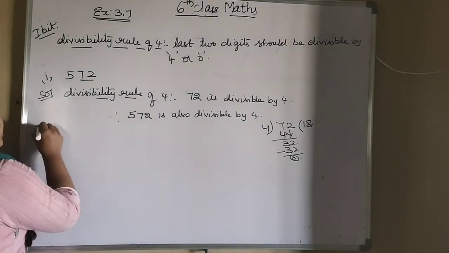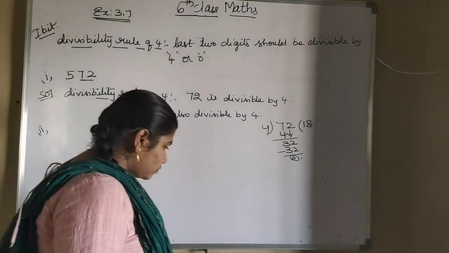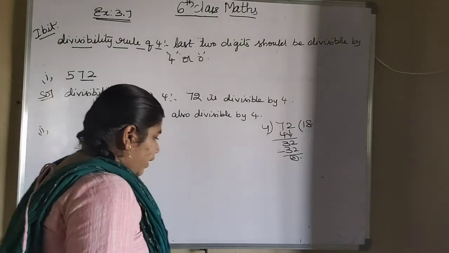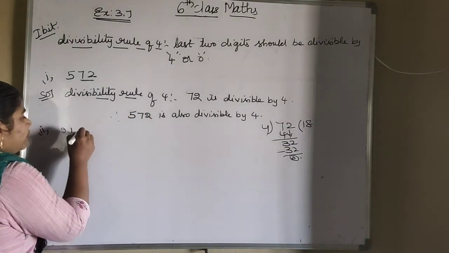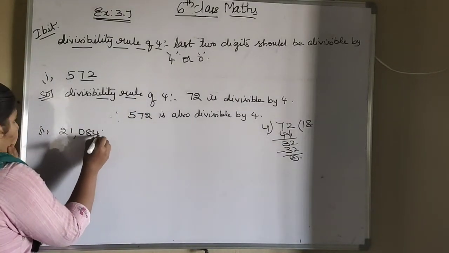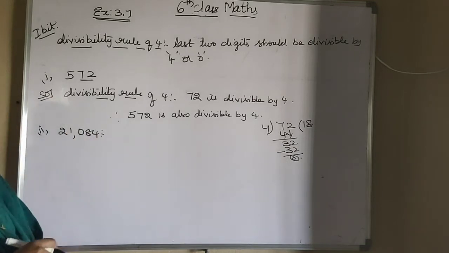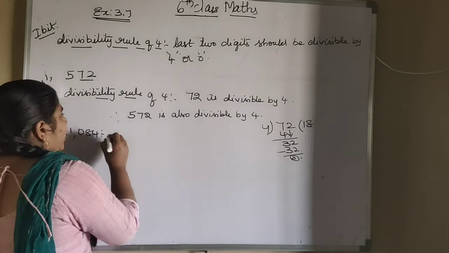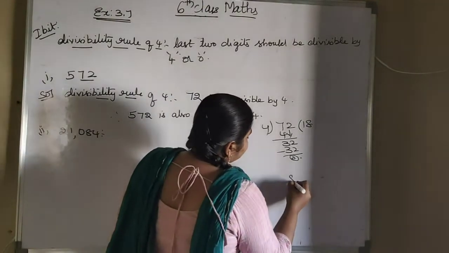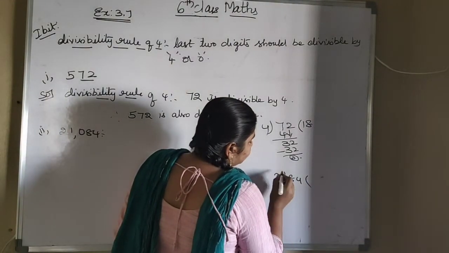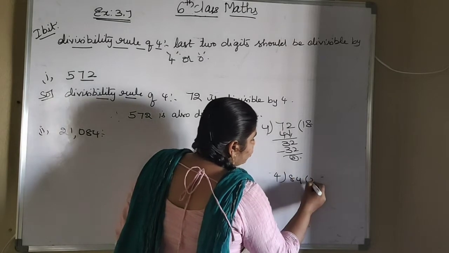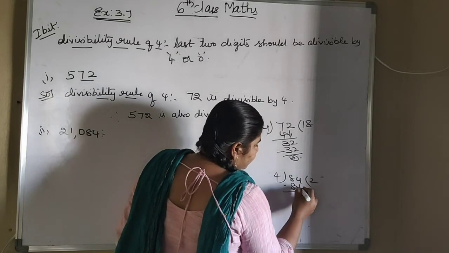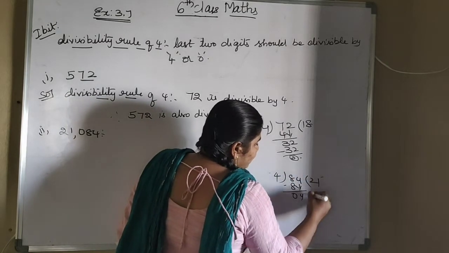Okay, next, in this second one, 21,084. If this 84 is divisible by 4, the whole number will also be divisible by 4. So is 84 divisible or not? Yes, it will be divisible. 4 twos are 8, 4 ones are 4.